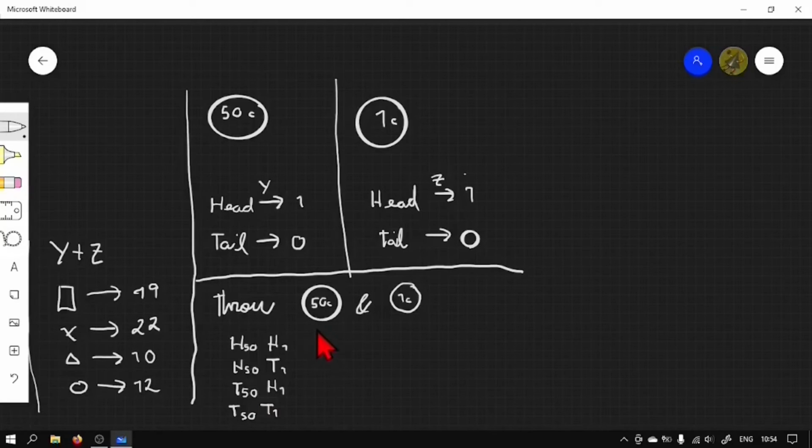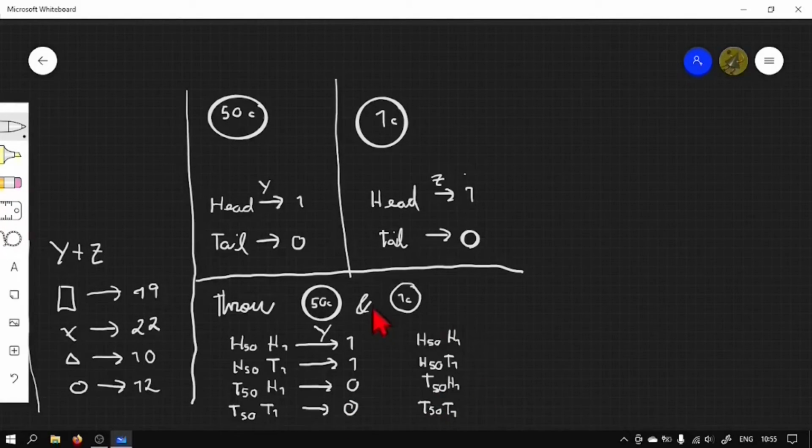Now y, which was the one here, will give us 1 in this case, that is head of the first coin, and 0 for the rest. Let's put here again 50. And now this second experiment, z, will give us 1 for the head of the €1 coin. And now we can sum y plus z.